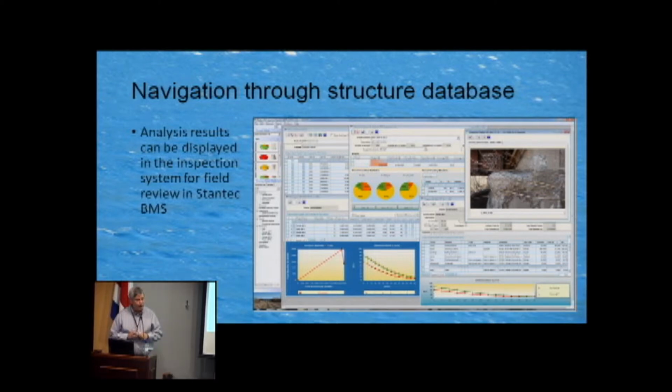Analysis results can also be displayed along with bridge inventory data. The Stantec BMS in particular has a lot of capabilities to compute life cycle costs for a bridge, to look at different alternative actions that might be taken on a bridge, both the scope of work and the timing of the work, how soon the work needs to be done.